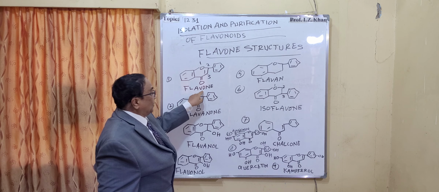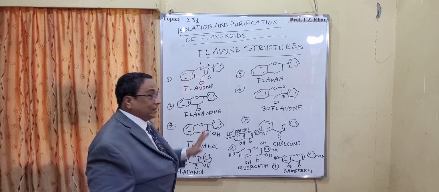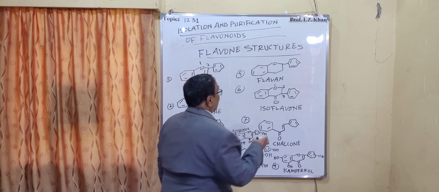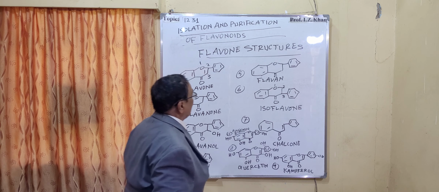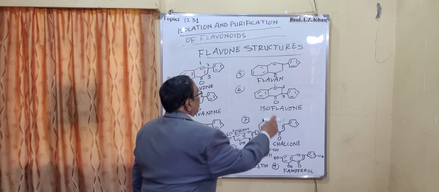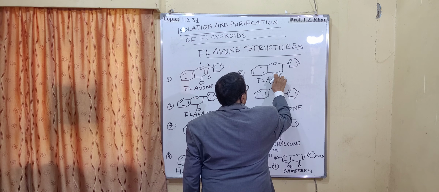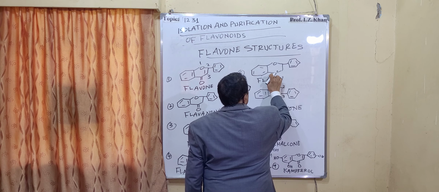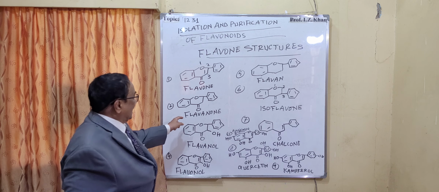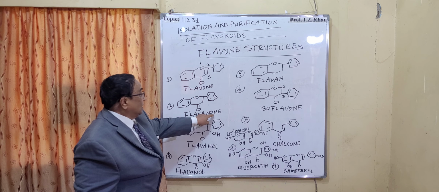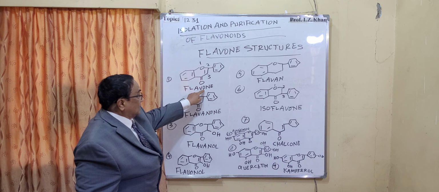That is called flavone. There is a difference of O and A. So here, this is your flavane. I mean, here it is not there. That's why it is called flavane. Number 2 is flavanone.